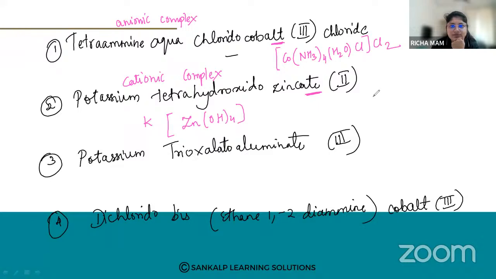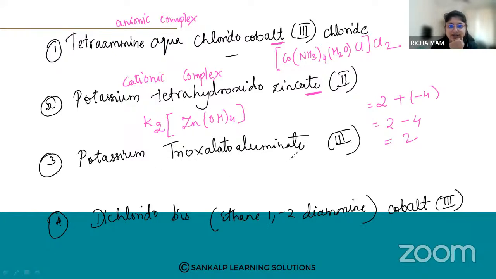Now zinc is 2, so 2 plus minus 4. It will be 2 minus 4 equals minus 2. So it will be K2. Okay, fine. Next one.